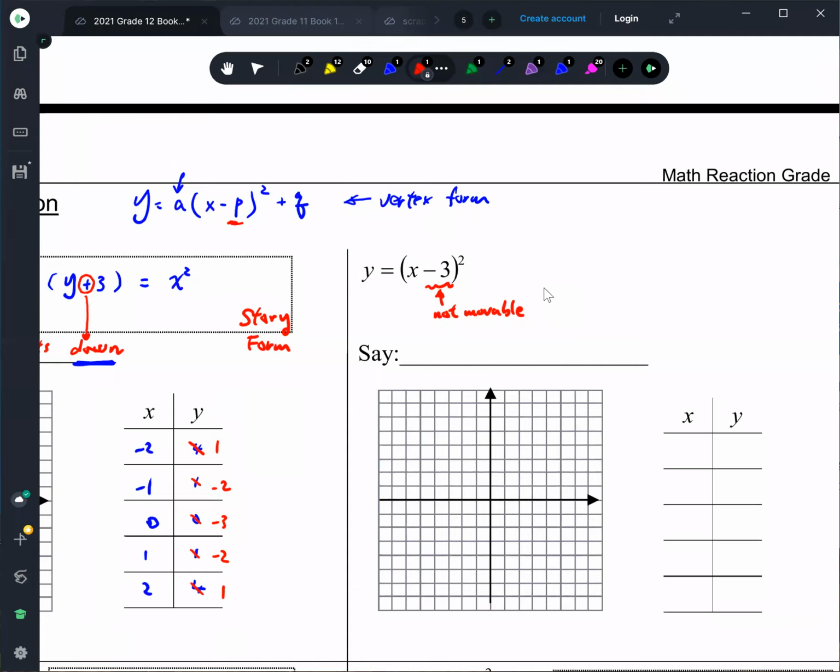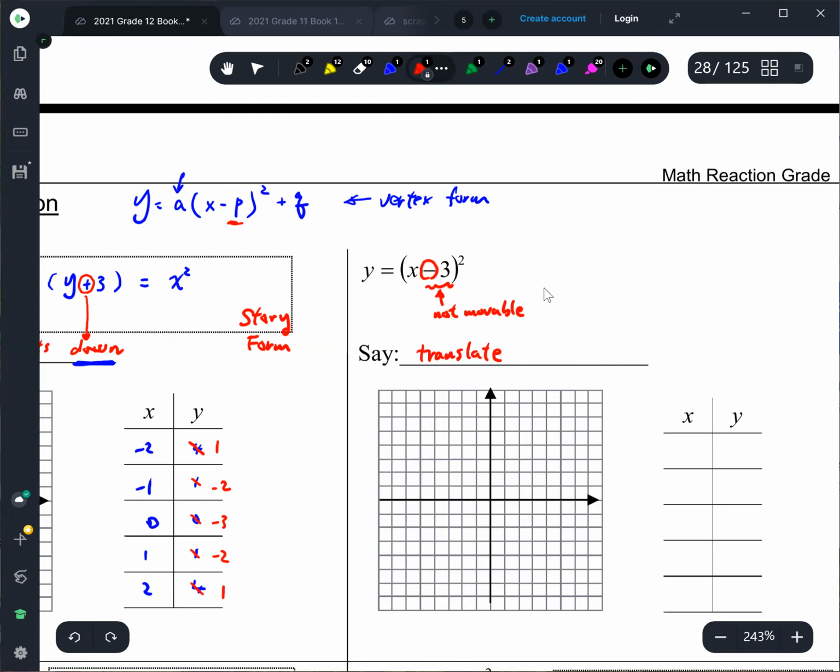So it's going to move your parabola to the right by 3. So if you see a subtract and it's with the x, then it's going to be translate 3 units to the right.